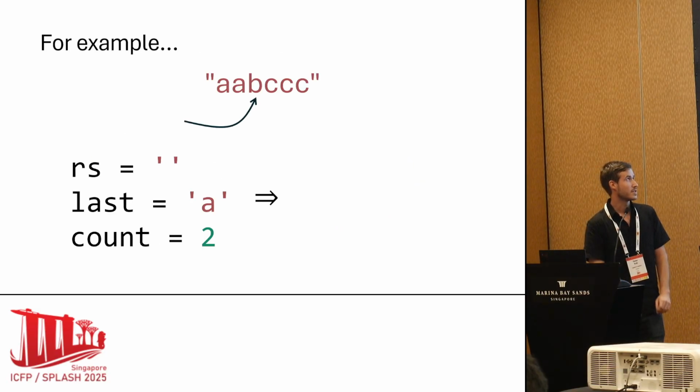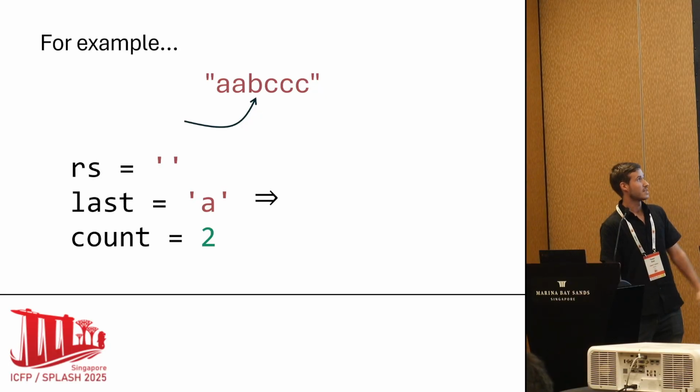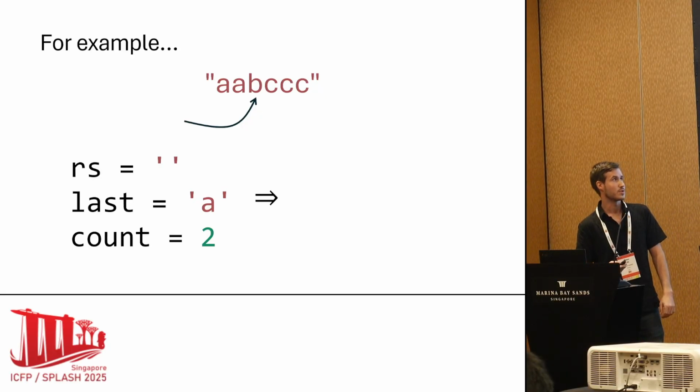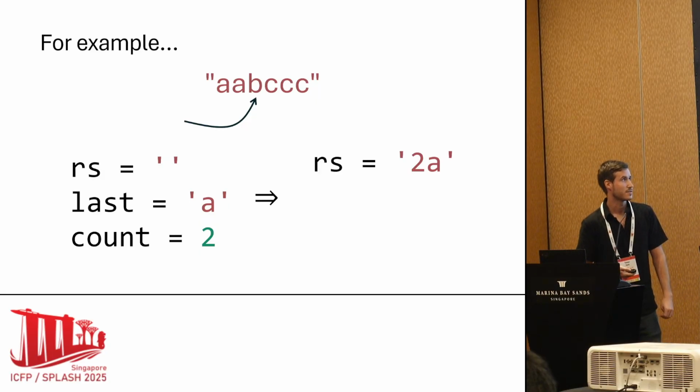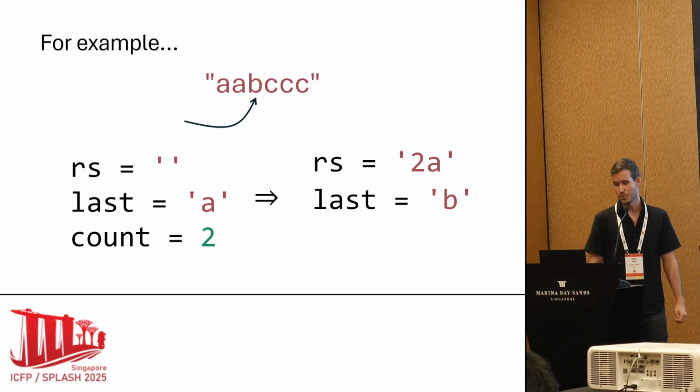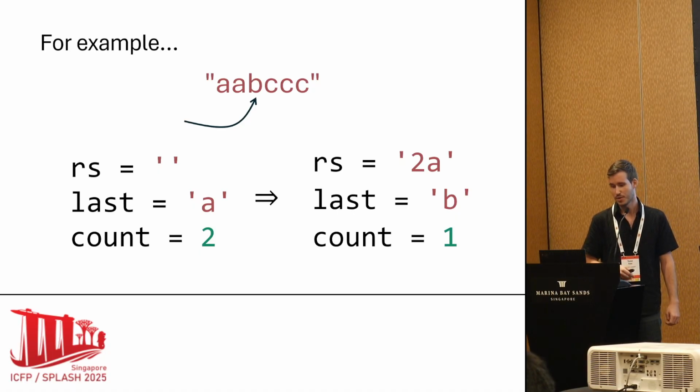So imagine we are at this state of the program, where we see B after we saw A twice. The state is what you can see on the left, and we want that after the code in the else branch is executed, the state changes to something like this. We would like the rs variable to contain the concatenation like we saw before, so A. We would like to update the last variable, so it should be B. And we also want to reinitialize count to 1.